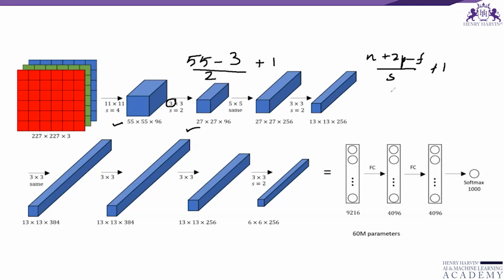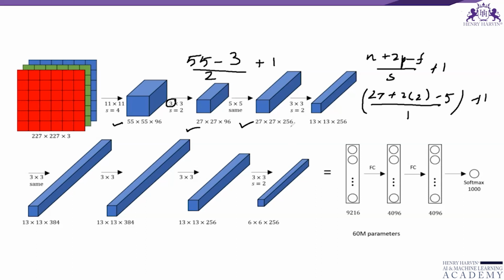N is 27, padding is 2, so 2 into 2, minus F, which is 5, divided by s, plus 1. 27 plus 4 minus 5 is 26, plus 1. So again we get 27 into 27, and this time it is 27 into 27 into 256.